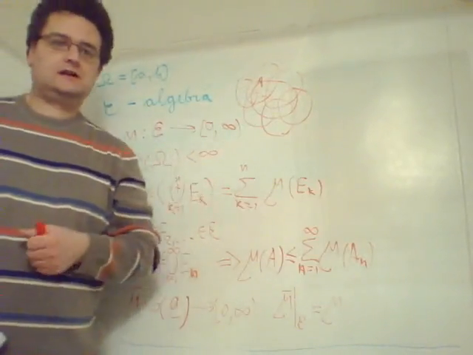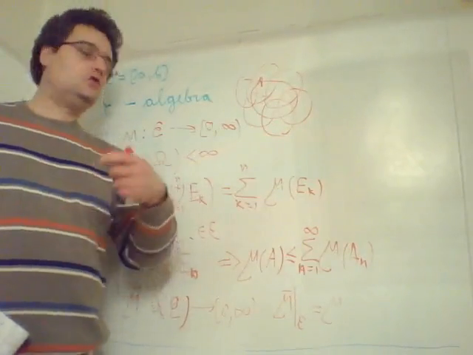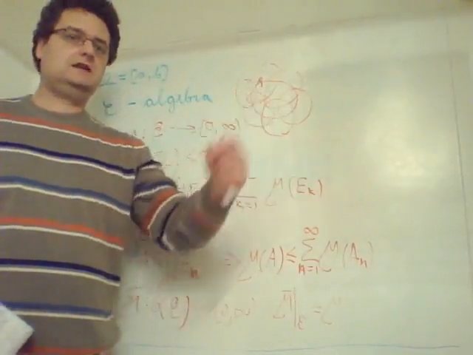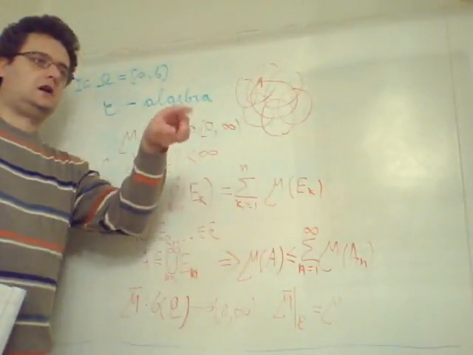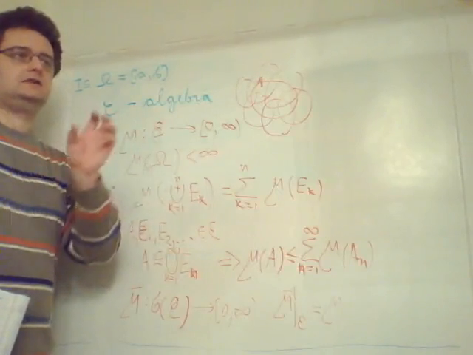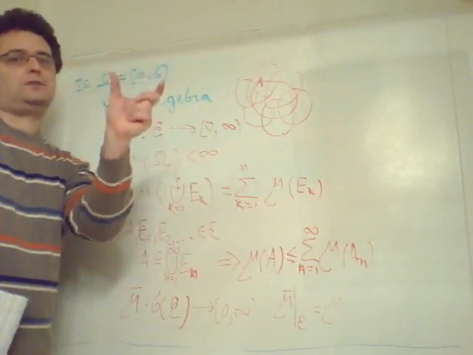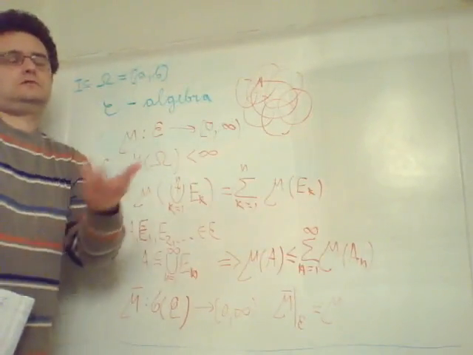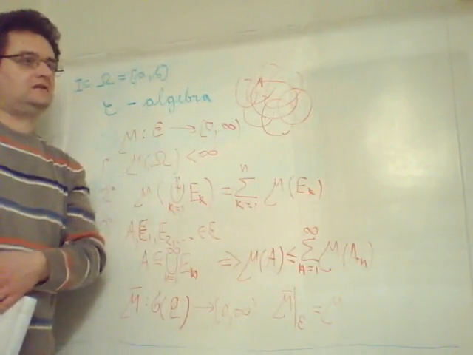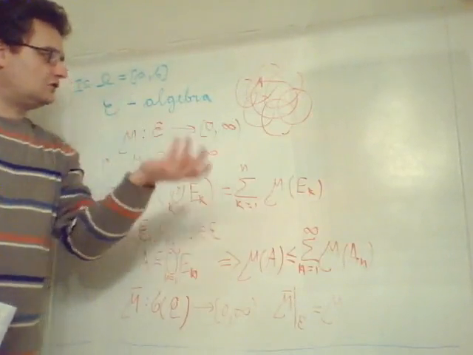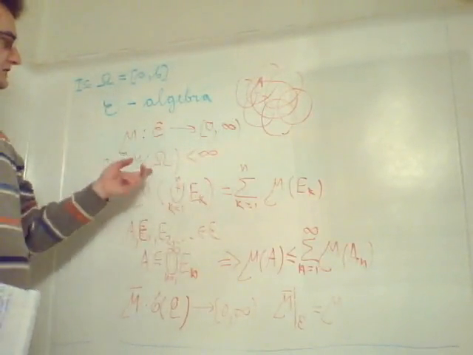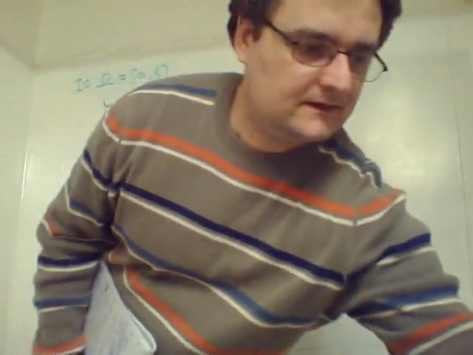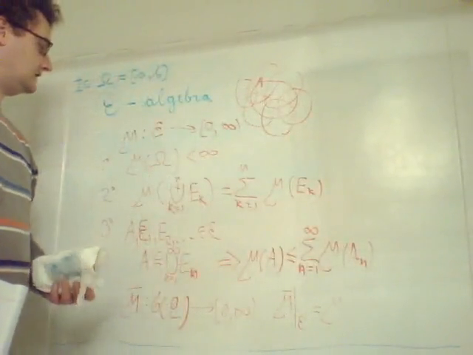For example, for the real numbers the length of the entire real line is infinity, but you can represent R as the union of intervals from n to n plus 1, and the length of each of them is 1. So that's more general than this situation, but this is fine with us. Okay, so that's the Carathéodory theorem.